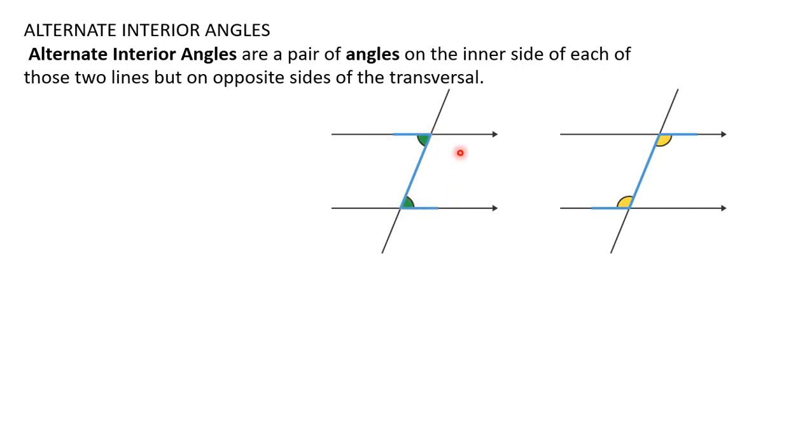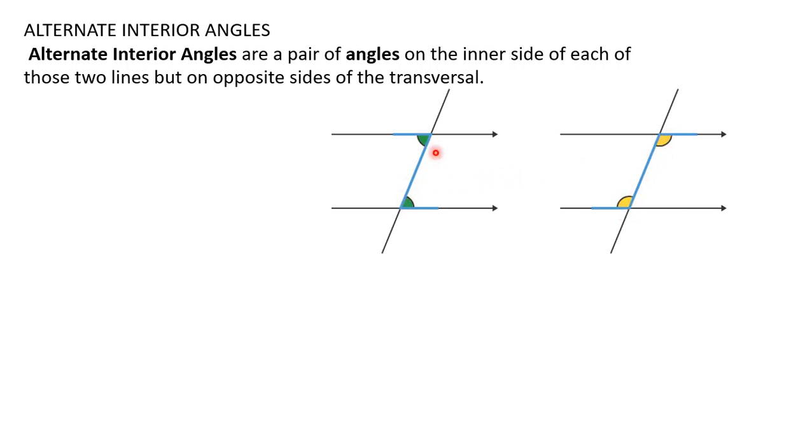Here these two lines are intersected by a transversal, so we are getting a Z letter between these lines. See, here also a Z letter, and in this figure also we are getting a letter Z. So if this one is the angle, then another angle will be on the opposite side of this transversal. So these two angles are the alternate interior angles.